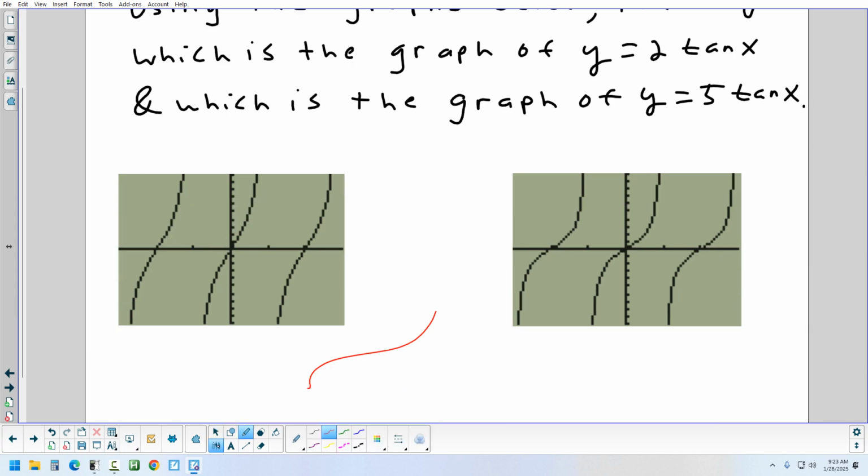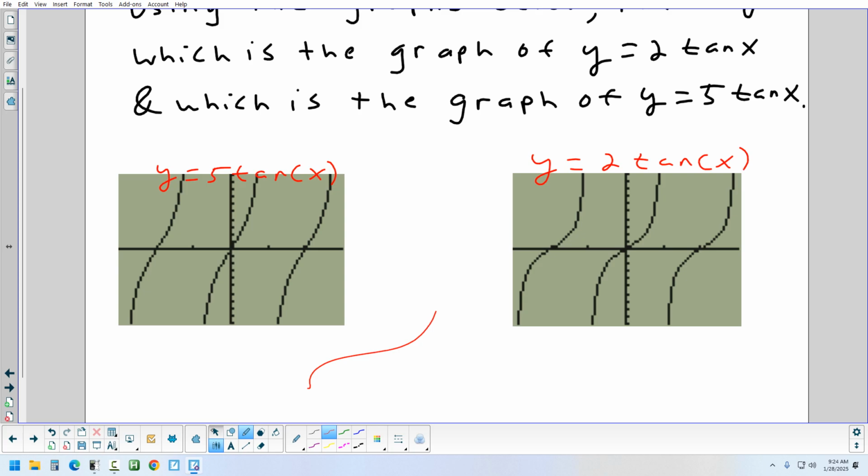So this one is the 5 tangent x, and this one is the 2 tangent x. You'll probably have a question like that on the test, where you have to identify a graph based on a picture.